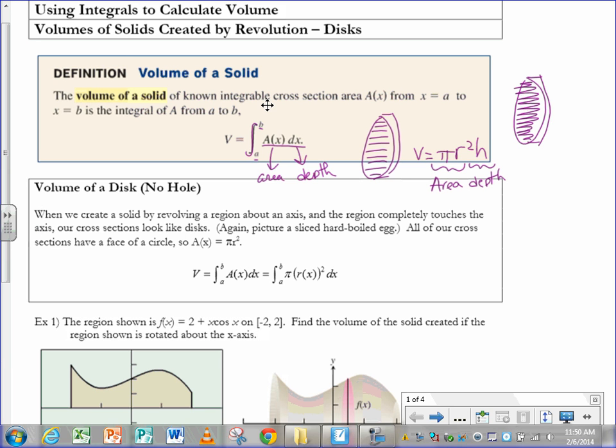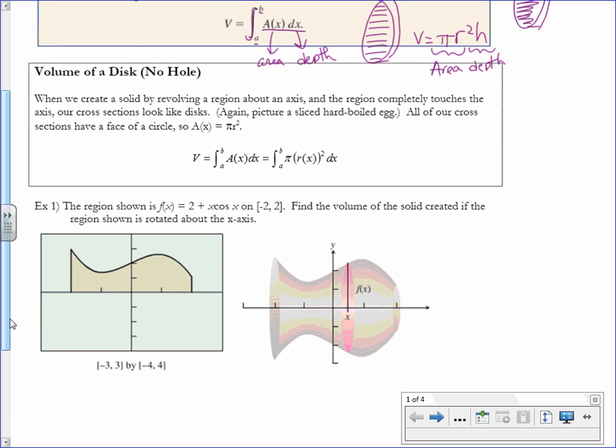All right, so now if we want to talk about the volume of a disk, this integral becomes the integral where A of x becomes pi r squared and dx stays dx. If we're going to revolve a region about an axis and the region completely touches the axis, our cross sections look like discs.